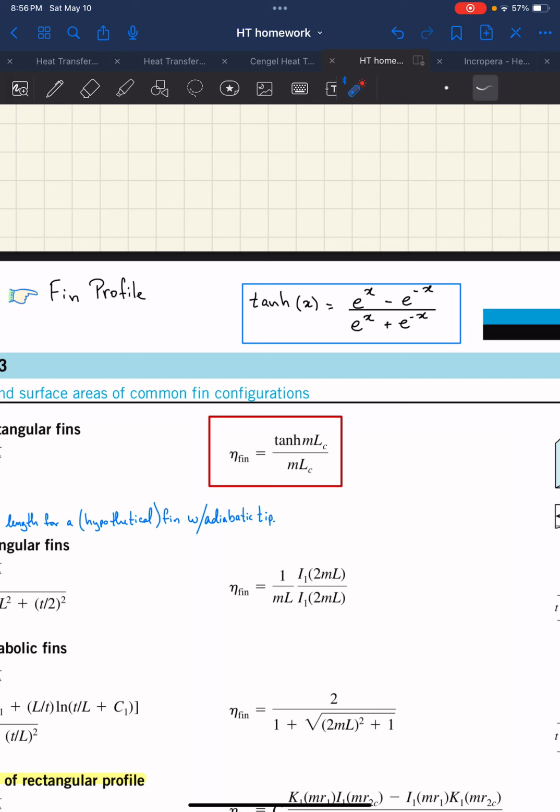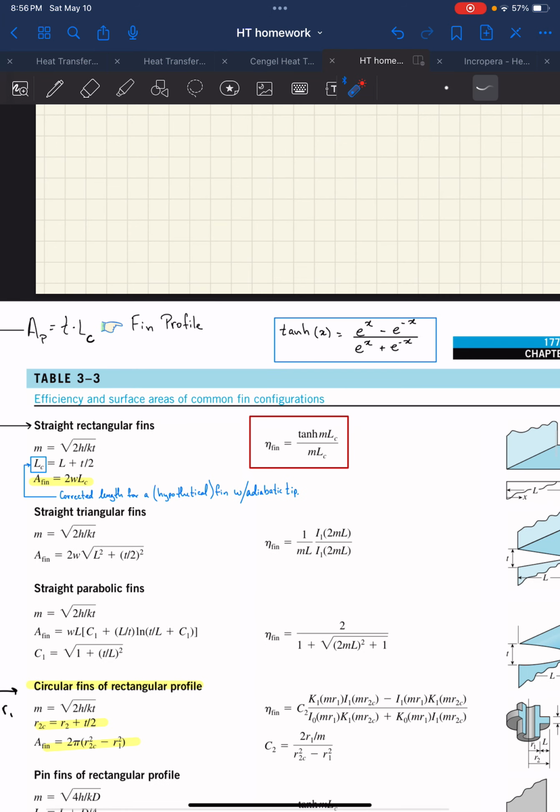If you don't have it or don't know how to access it, hyperbolic tangent can be written with exponentials like so. I just provided that in case you don't have access to it on your calculator. Chances are most modern scientific calculators will have this. So take a look.